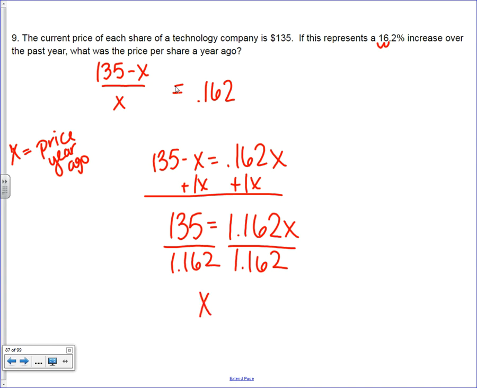All right, gives me a price of $116.18. Sorry about that. My calculator is being a little funny there for a second. Okay, so there we worked our way backwards. They gave me the percent and I needed to work my way backwards.